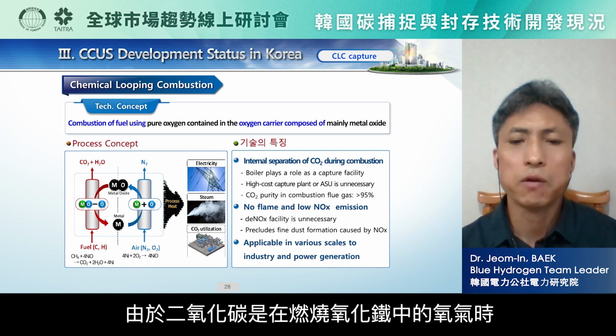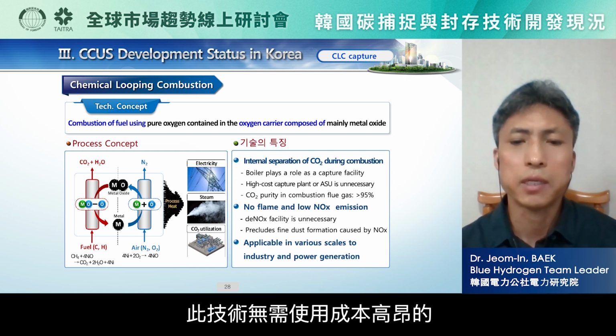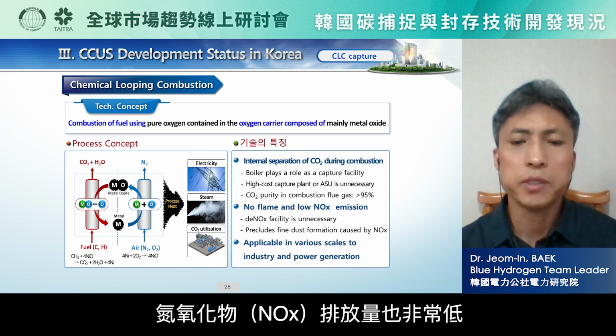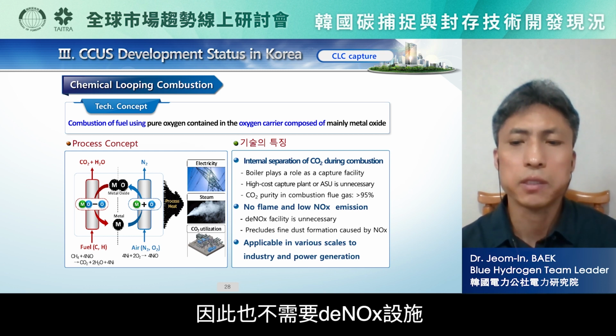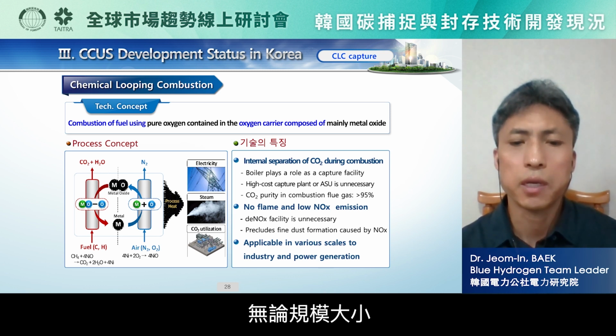Due to the feature of internal CO2 capture through oxygen combustion using metal oxide, this technology doesn't need a high-cost capture facility and air separation unit. NOx emission is also very low. Therefore, the NOx facility is also unnecessary. And CLC can be applicable in various sizes to industry and power generation.